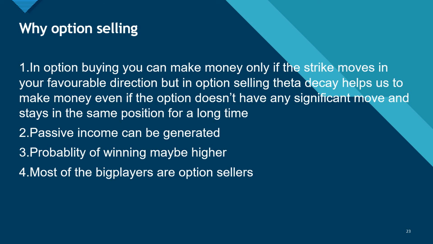But in option selling, you will make money when the price moves in your direction and also when there is no movement in the price. This is because of the theta decay or time decay. You can easily generate a passive income using option selling setups, and the probability may be higher when compared to option buying. And almost, this is my view, most of the big players are option sellers only.